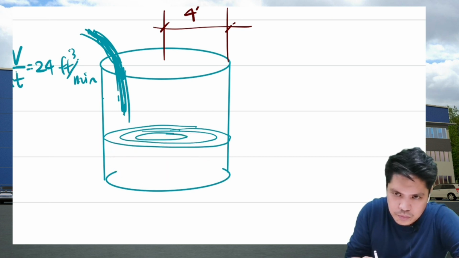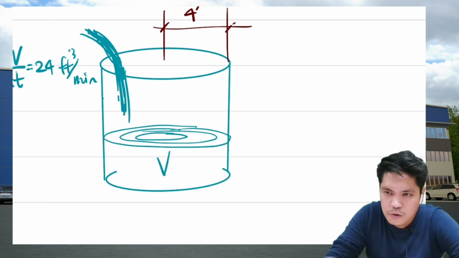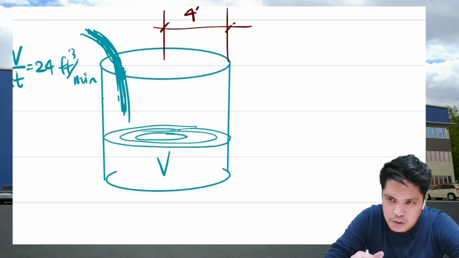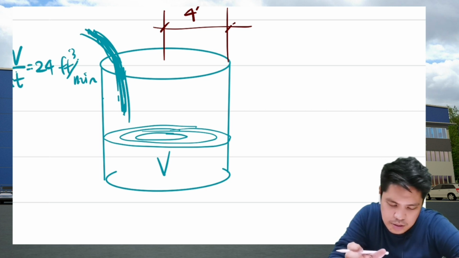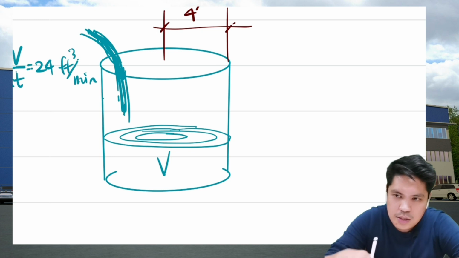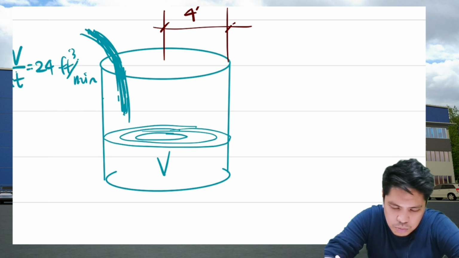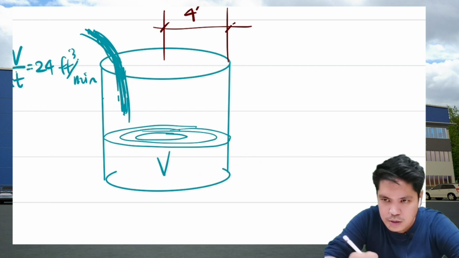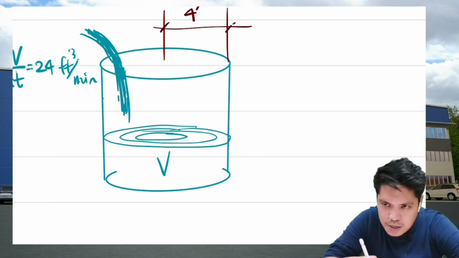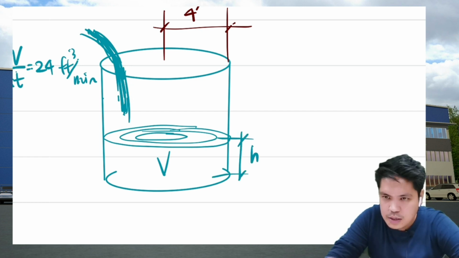That means the volume of the water inside the tank is a variable because it changes over time. The shape and dimensions of the tank are constant, but the volume of the water inside is variable. And of course, common sense, as water enters, the surface level, or the height of the surface of the water inside the tank, is also rising. So this height is a variable. Let's call that h.